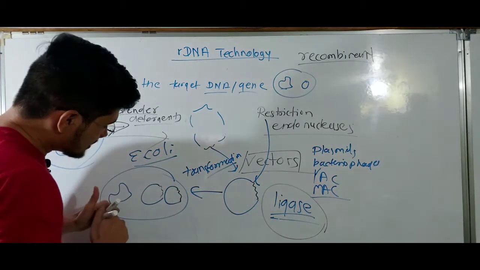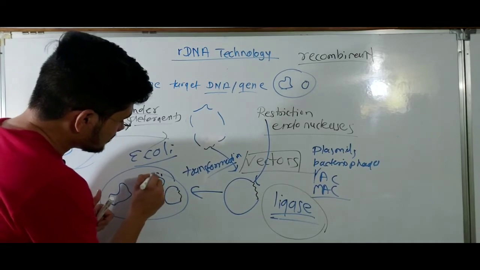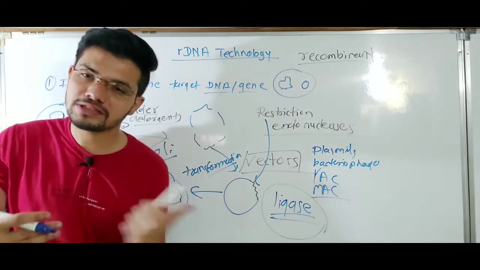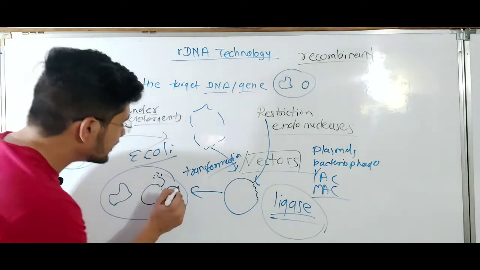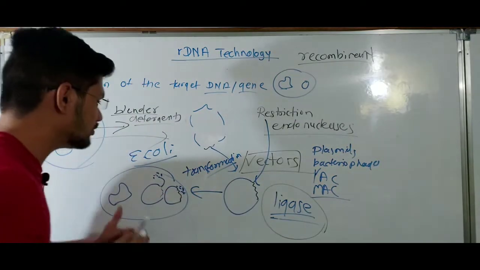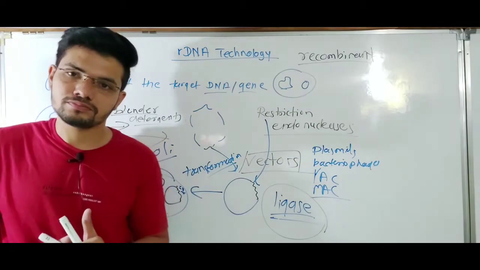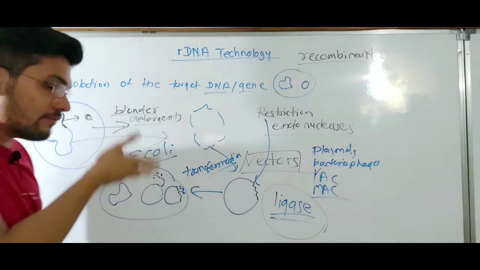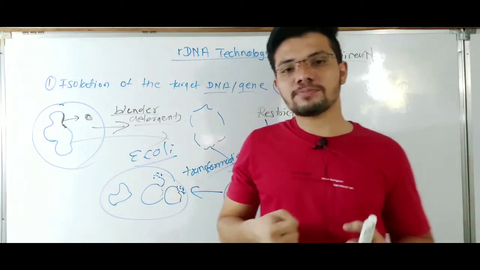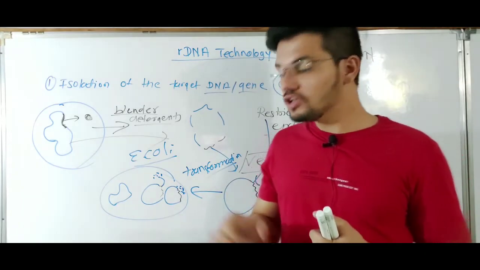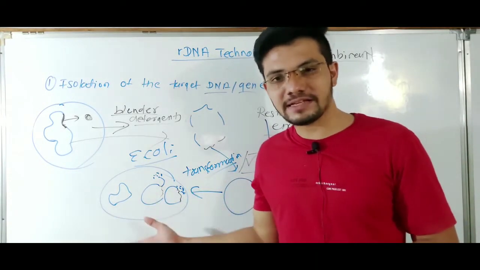So transcription and translation happen with the gene, and we will get the ultimate product, which is the insulin, after translation of this particular gene of interest. So inside the bacteria we are getting the insulin, which we were expecting. That insulin is produced inside the bacteria.